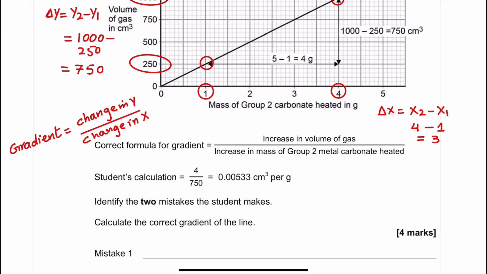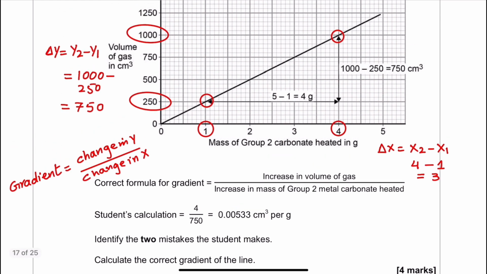Another mistake which is coming here, that is along y-axis, we have the value for this reference point along y-axis is 1000, and the value regarding this reference point is 250, and the difference is 1000 minus 250, that is 750. We need to use this definition, change in y over change in x.